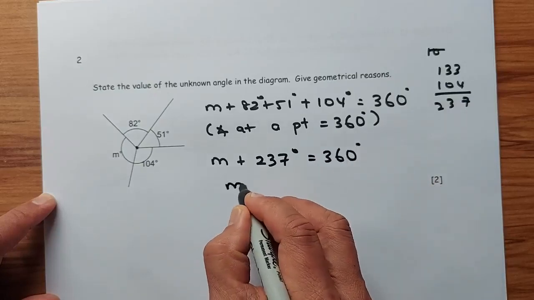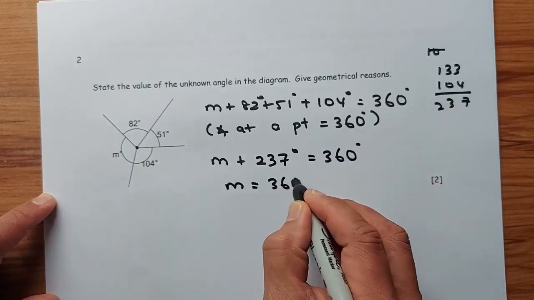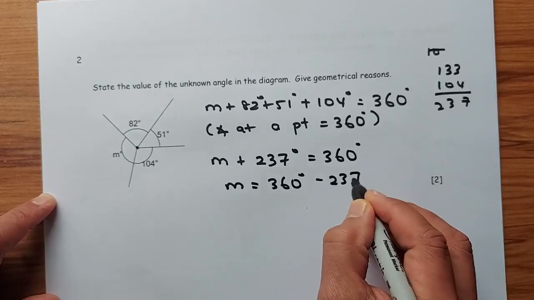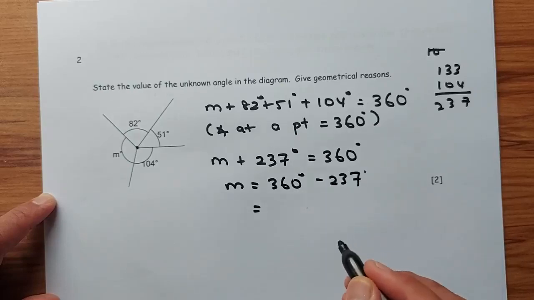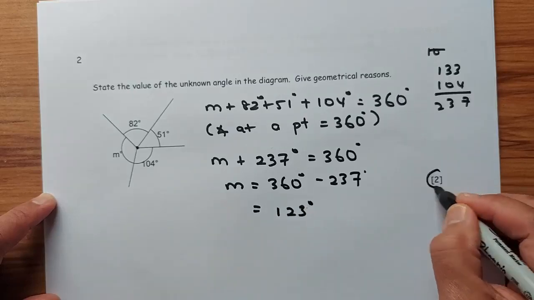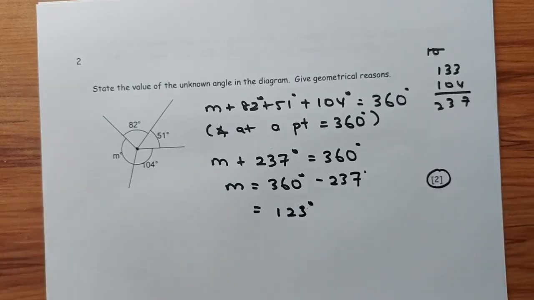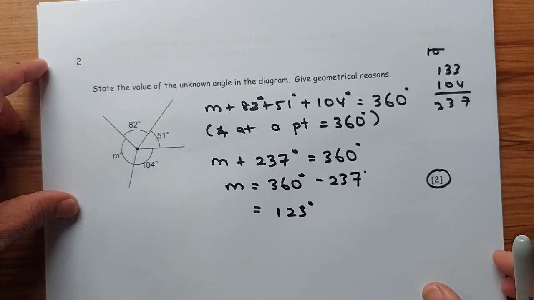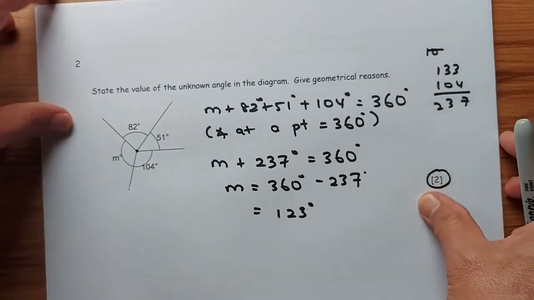And the last step, M equals 360 minus 237, and put it in your calculator, and the answer should be 123 degrees, and that will give you 2 marks. You must get the answer right, and you must give the reason, and you will get 2 marks for this paper. Okay, great.